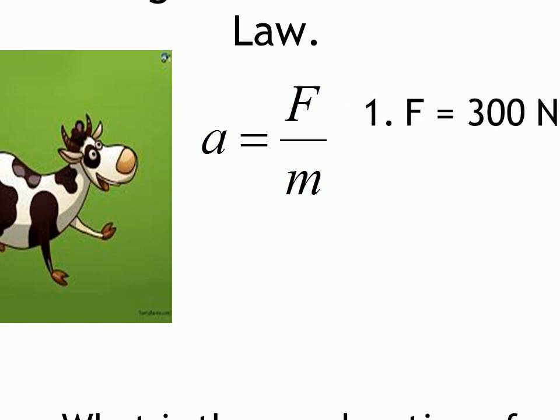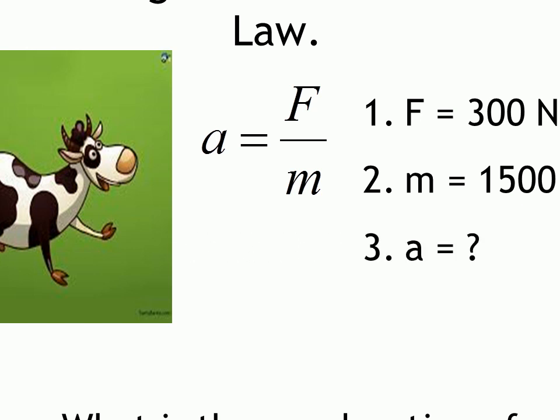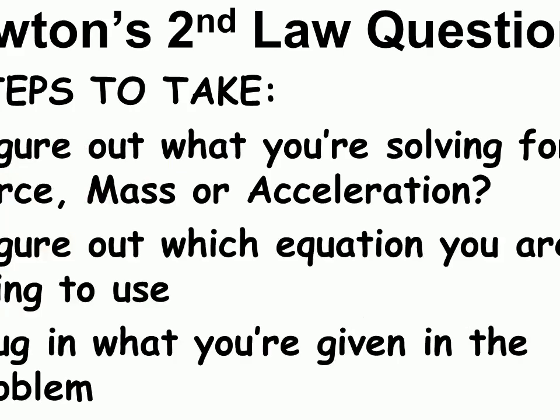So we go down to the problem and look for the number with newtons next to it, because force is calculated in newtons. Next, we have to look for the mass. All we have to do is look for the number with the kg next to it, and then we come up with the acceleration. It's called plug and play.